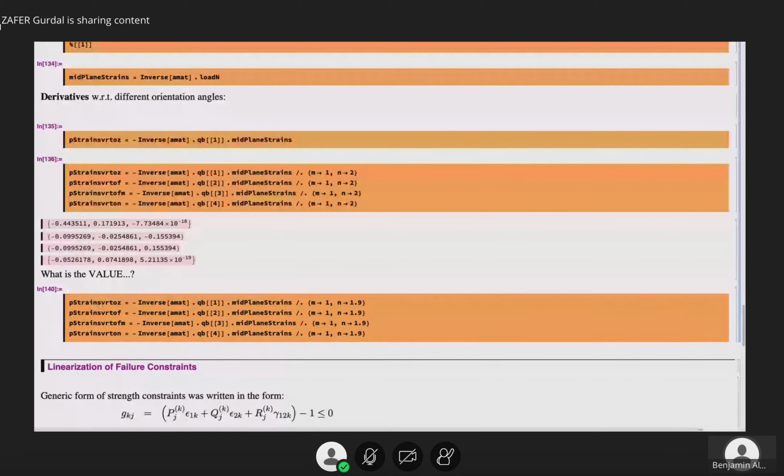showing that I can actually get the strain derivatives with respect to zeros, with respect to 45s, with respect to minus 45s, with respect to 90s. And I'm going to execute all of it.